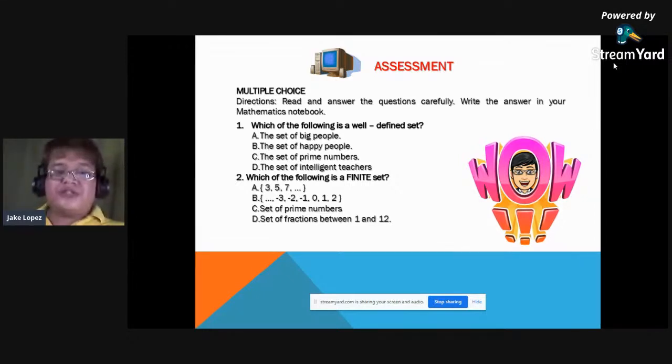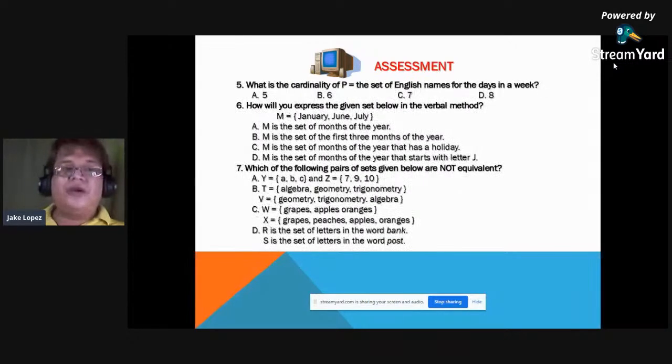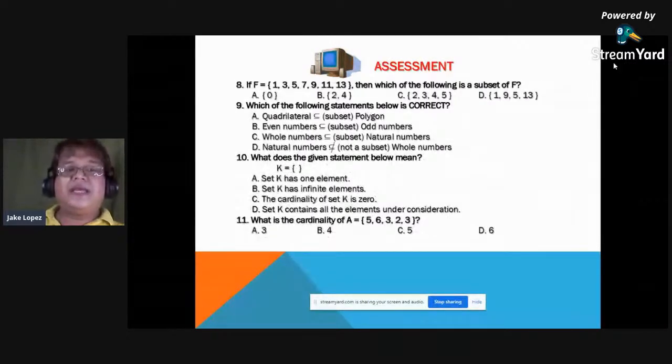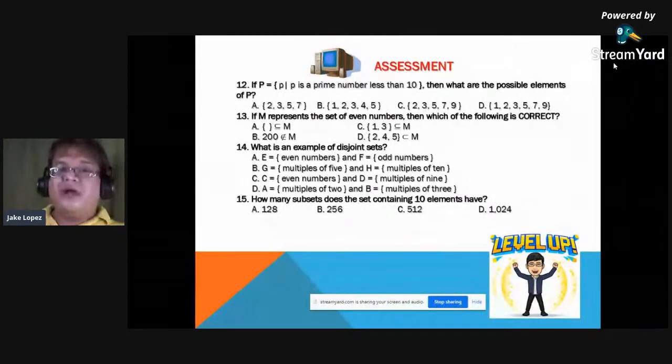So, may mga questions dito. Ipa-flash ko lang. Pwede niyo yung i-review ulit mamaya. Okay? Yan. Number 3 and 4, 5, 6, 7, 8, 9, 10, 11, 12, 13, 14, 15. So, huwag kayong makabahala na masyadong mabilis yung aking pag-flash ng questions because you can review it, balikan nyo, and then you pause.